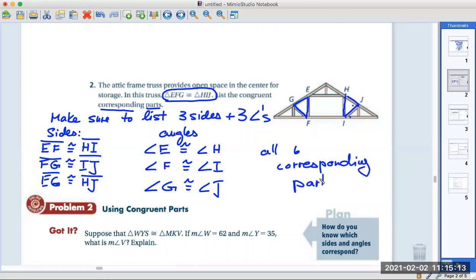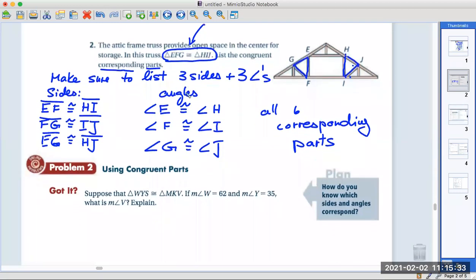So if the problem lists the shape in this fashion, I always go to the way they list it. If that's not there, you need to go to the picture and decide which ones are the same. That's harder because sometimes they all look equal. So this is really the best part to have in the problem, okay?